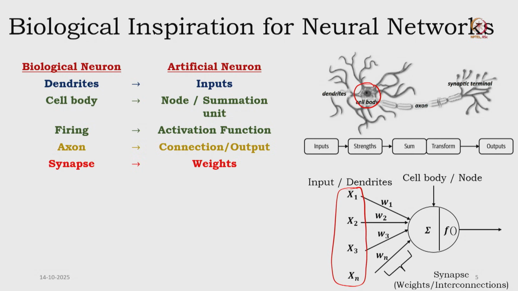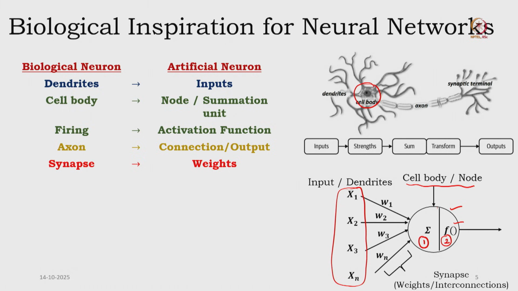That entire thing is seen inside something called a node. When we see a node, there are two operations taking place. The first operation is summation, and the second is, if the combined signal is greater than a particular threshold, how the neuron fires. That concept is an activation function.